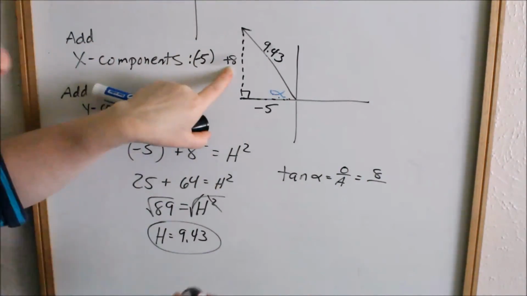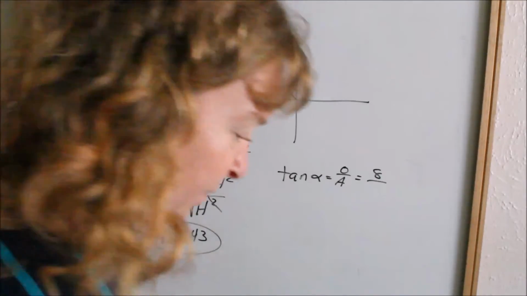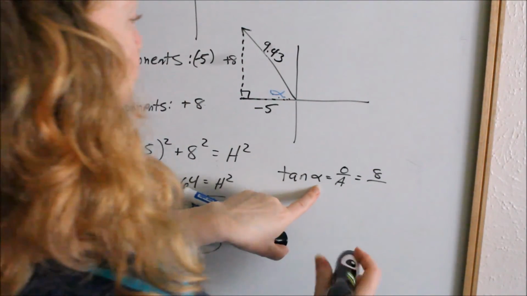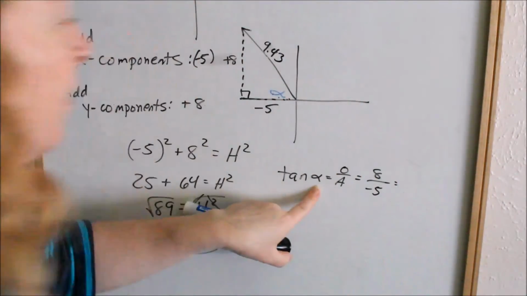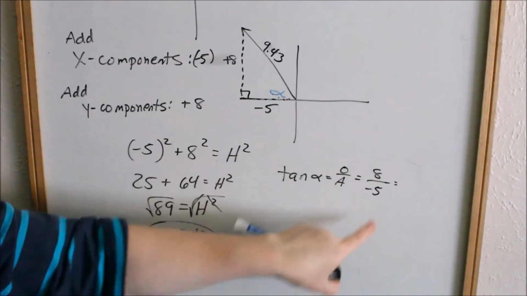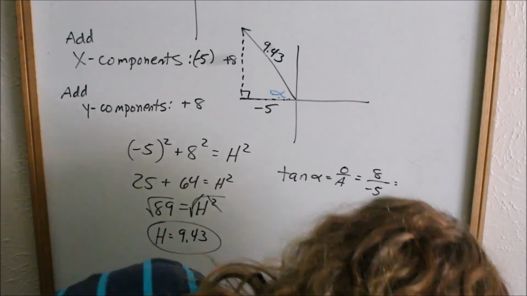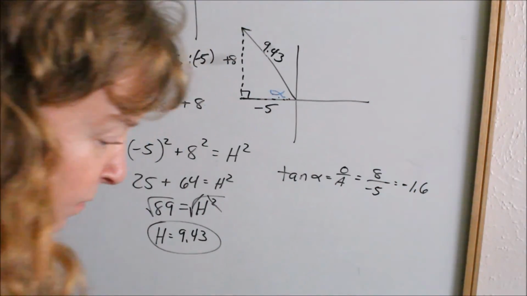What is the side adjacent to me? 5. I'm not going to use the negative as of right now. Well, okay, actually, let's just use the negative. So if I use negative 5, turn that into a decimal. 8 divided by negative 5 is negative 1.6.